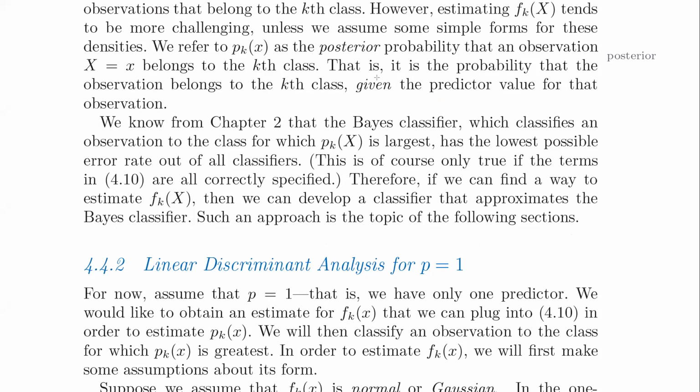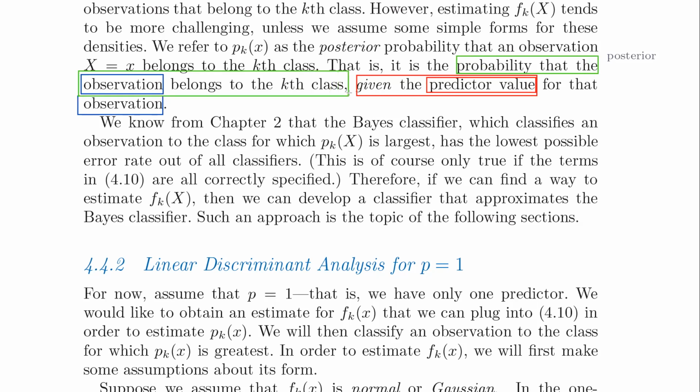Once the model is set up, you feed it the predictor value for a specific observation, which could be a vector in a more general context, and it gives you the probability that the observation belongs to a specific class. And we were using green earlier when we had done p hat. So this green, that is p hat k of x. It is this over here.